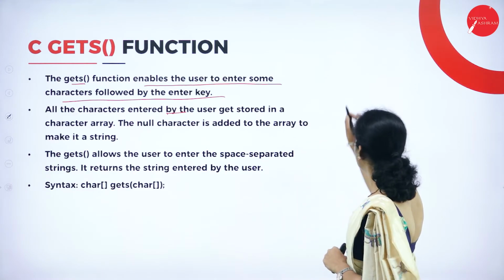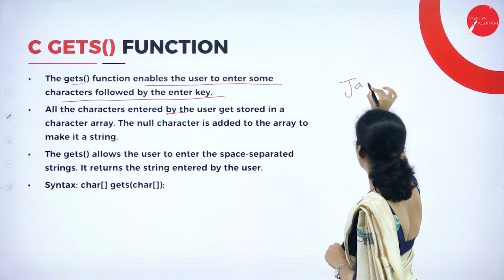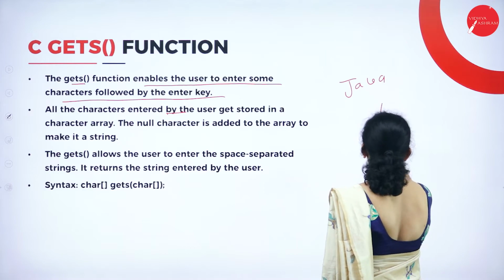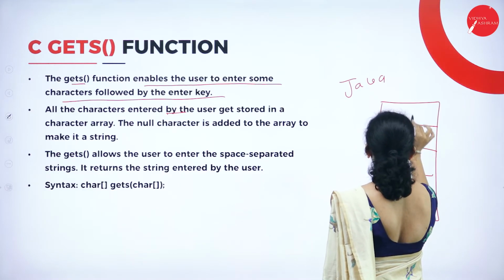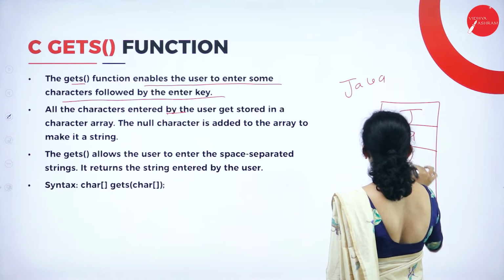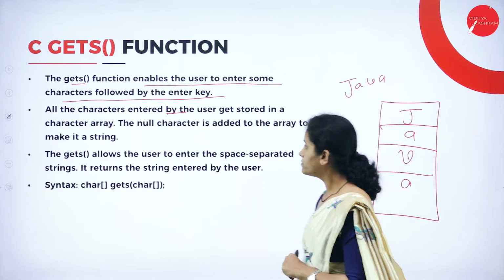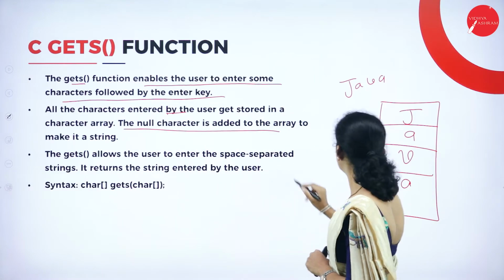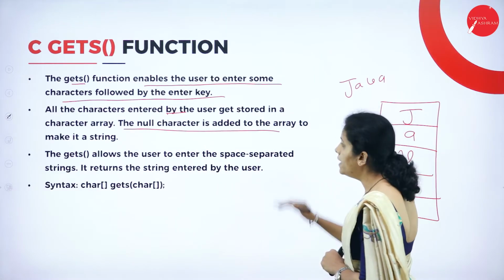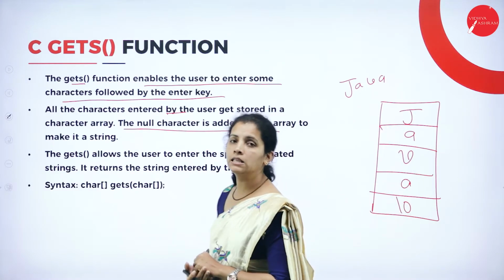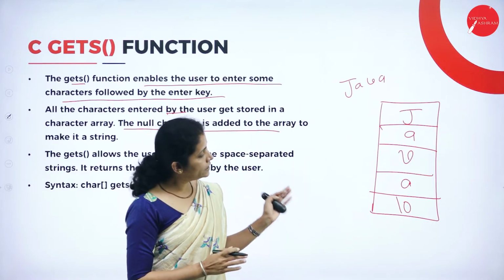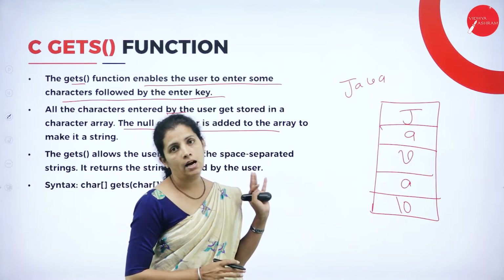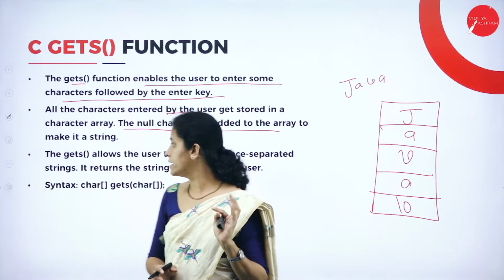For example, if I write Java, then this is stored in the form of an array, J A V A. The null character is added at the end of the array in order to represent it as a string.